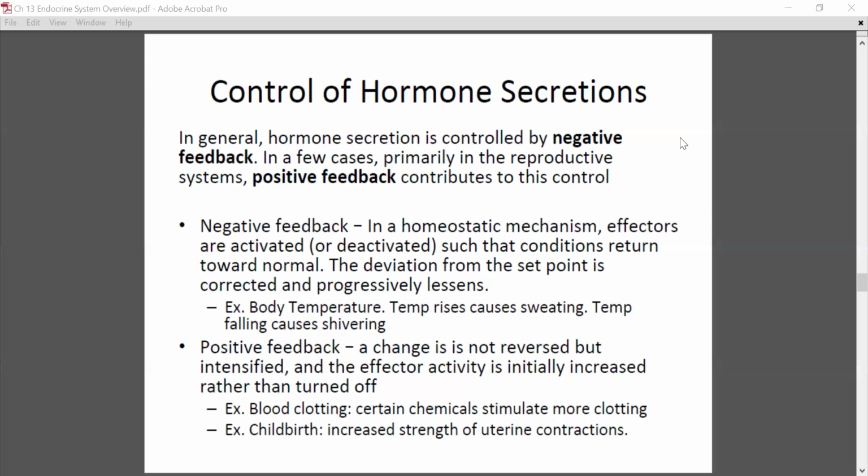So we're not where we want to be. We don't like it. So we're trying to correct it as quickly as possible. And it will use either activation or deactivation of the effectors to help push it back toward normal as quickly as possible.